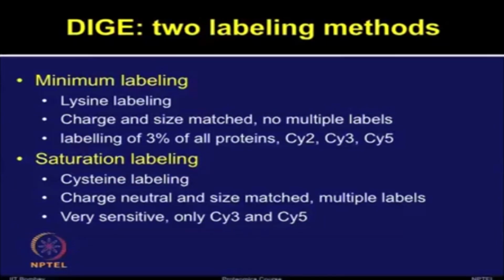The lysine labeling method, also known as the minimal labeling method, is where the charge and size of dyes are matched and there are no multiple labels, and it is known as minimal labeling because it is only labeling 3% of all the proteins. I will give you the reason why that is: we are aiming for a very small amount of the proteome to be labeled, and that will be covered in the next slide.